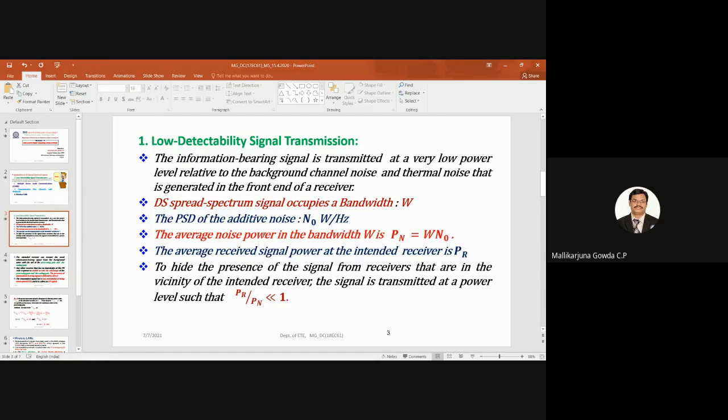The average received signal power at the intended receiver is denoted as PR. The condition to hide the presence of the signal from receivers in the vicinity of the intended receiver is that the average received signal power should be less than the average noise power. Then only will I be able to hide my signal in the vicinity of the intended receiver.